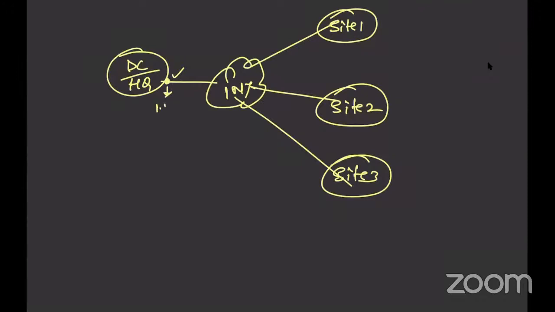For example, 1.1.1.1 is the public IP here, this is just an example I'm taking. Let's take 1.1.1.1, 2.2.2.2, 3.3.3.3, and 4.4.4.4. Before doing DMVPN, the first job is that you should have reachability between these IPs. Then only you can put your DMVPN over top of it.